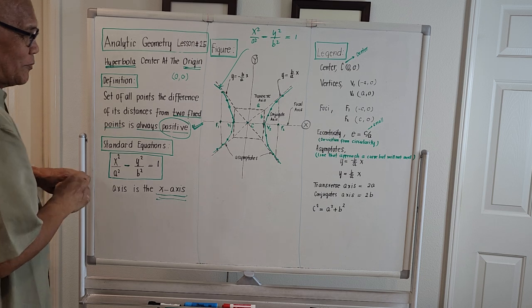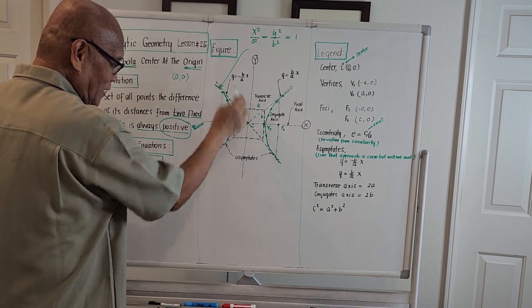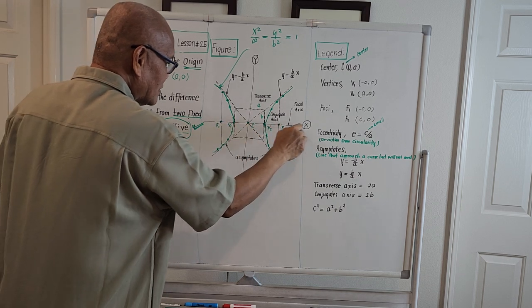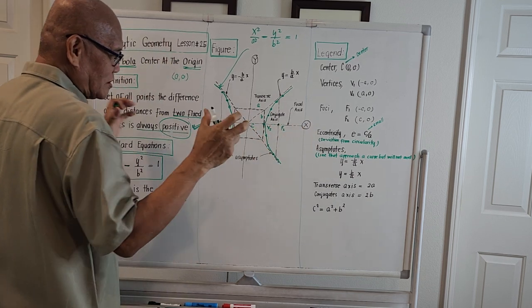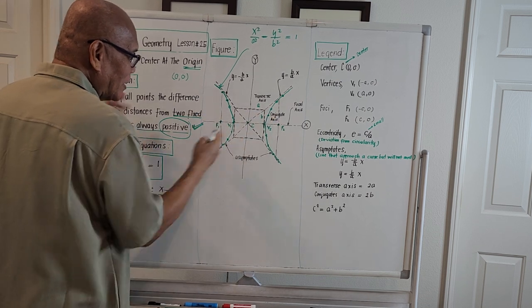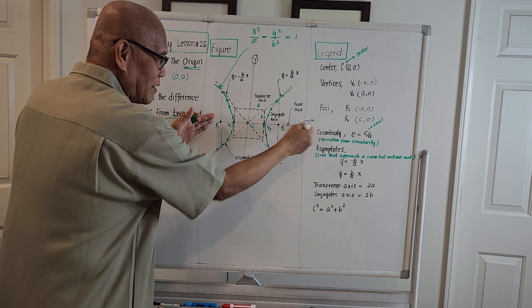And where is the axis of the parabola? For this one here, the axis of this parabola, for this given figure, is this one, the y-axis. Because it divides the first curve and second curve equally. That is termed as the axis of the parabola.